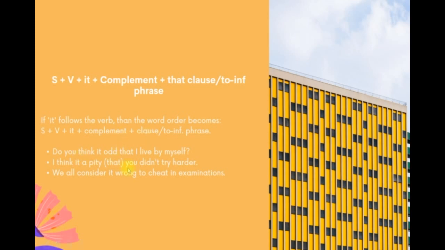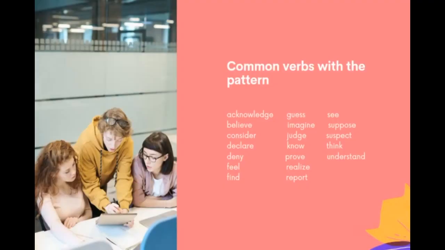So you can make it like number 3, the example number 3. There are some common verbs with patterns like that: acknowledge, believe, consider, declare, deny, feel, find, guess, and so on. So I find it difficult to do that. I find it, and then followed by complement, difficult, to infinitive to do that.